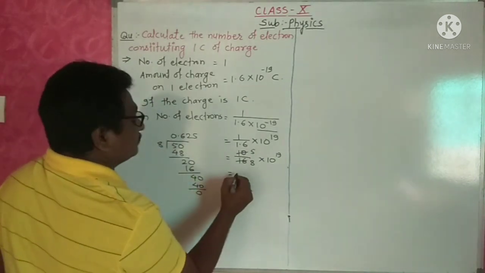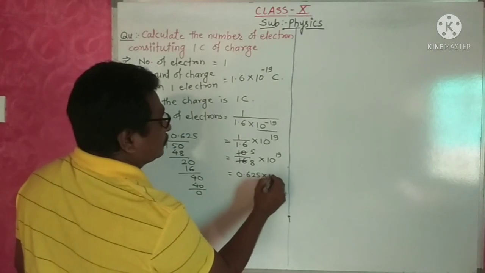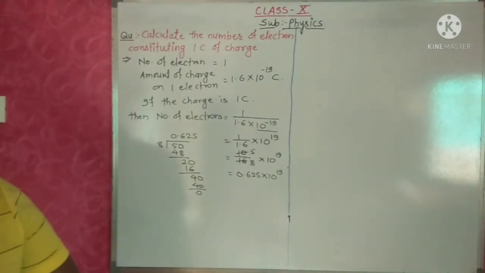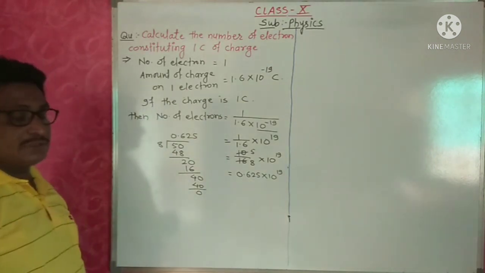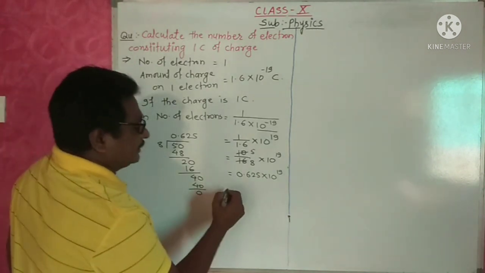So how much will it come? 0.625 into 10 raised to the power 19. So in 1 coulomb of charge, how many electrons are there? 0.625 into 10 raised to the power 19 electrons.